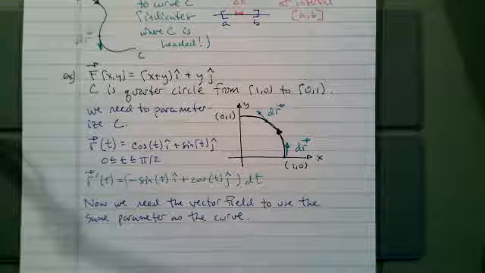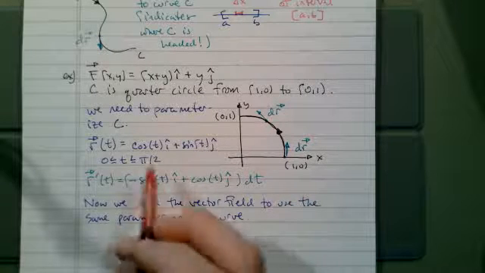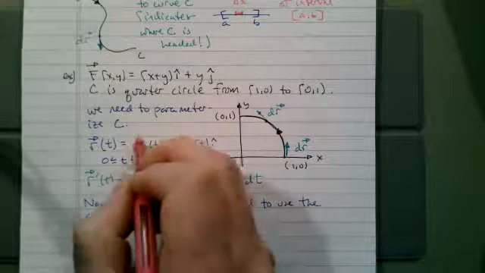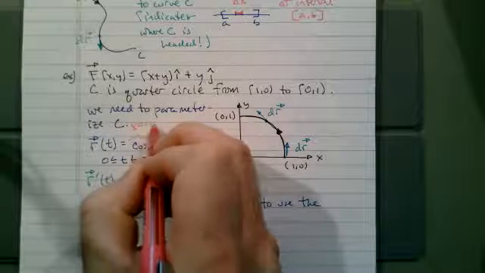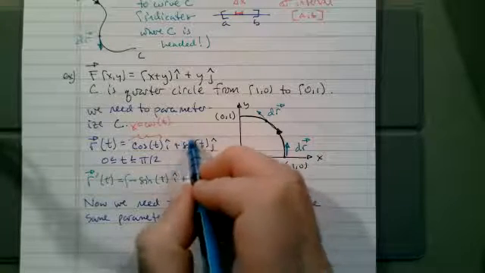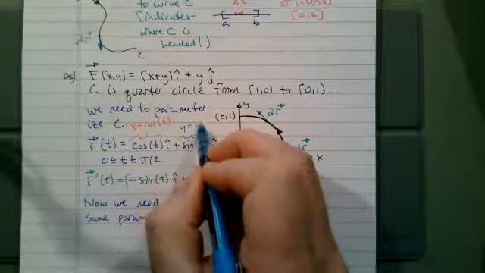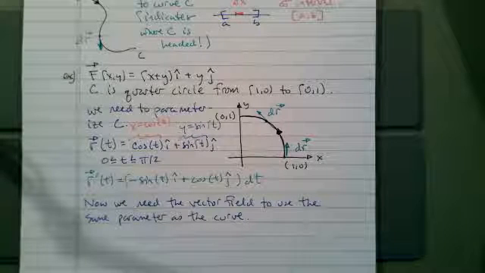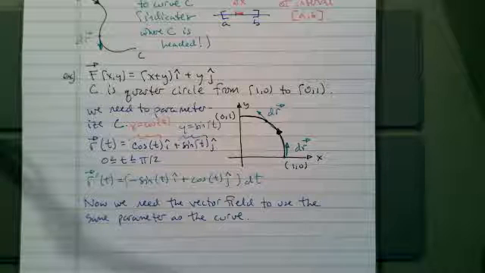So, fortunately for our heroes, we've already done that in parameterizing this circle. The way we parameterize this circle, x is the cosine of t, and y is the sine of t. So that is how we parameterize the curve. If I want the vector field to communicate with our curve, I can use x is cosine of t and y is sine of t in the vector field.